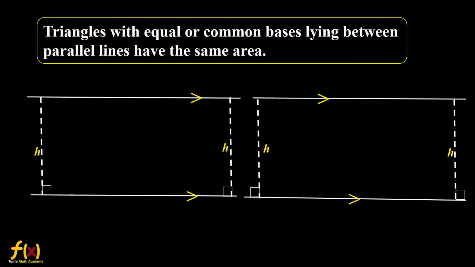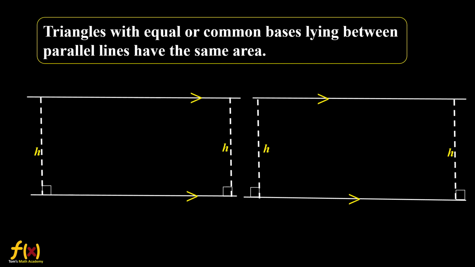Now, before we learn the Proportionality Theorem, I just want to give you a basic piece of information about triangles in between two parallel lines. Triangles with equal or common bases lying between parallel lines have the same area.